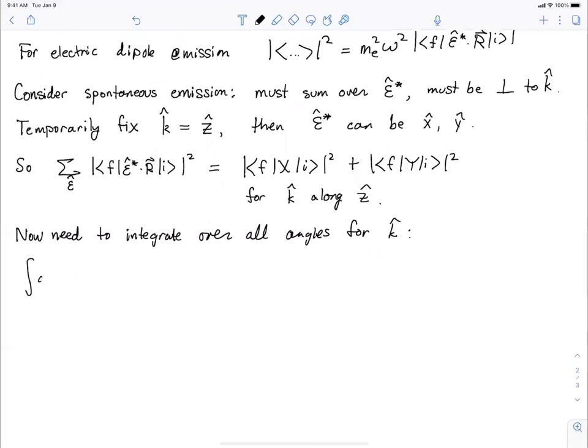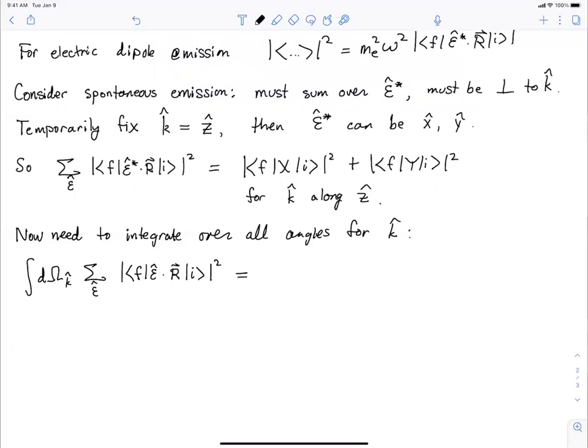We're doing an integral d omega k hat, inside of which there is a sum over the two polarizations that can contribute. But now we know at least what it's going to look like for the z hat direction. For any other direction, there will be two components of the vector that will contribute, like x and y did here, out of the three possible components that there could have been. There could have been x, y, and z, but there was actually only x and y.